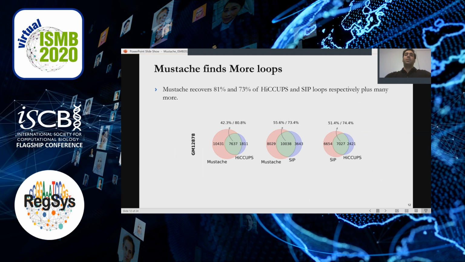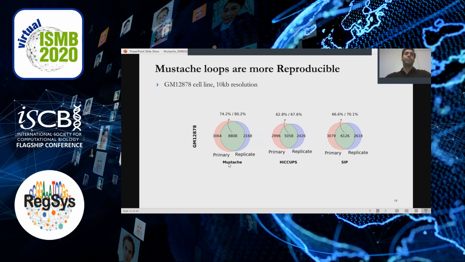Mustache finds more loops compared with HiCCUPS and SIP. For example, if we apply Mustache on the GM cell line at 5 kb, we are recovering 81% and 73% of the HiCCUPS and SIP loops, while we are generating many more loops.